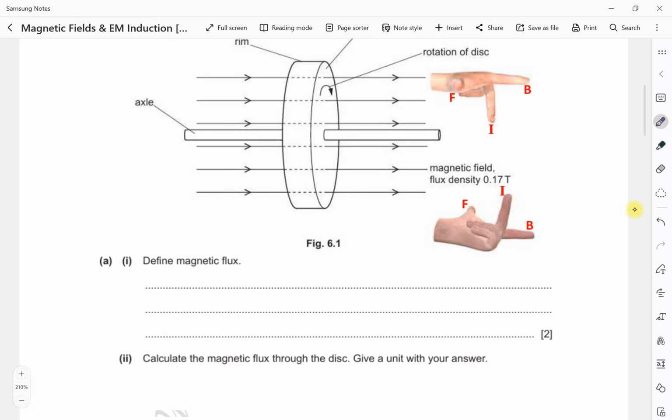Define magnetic flux. Of course, we know the magnetic flux is B times A, where A is perpendicular to the magnetic field.